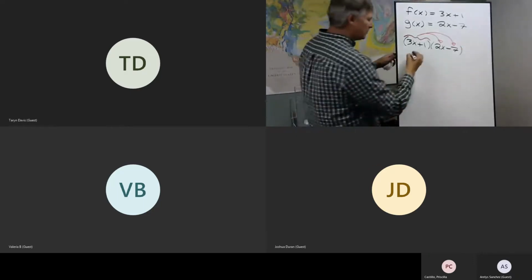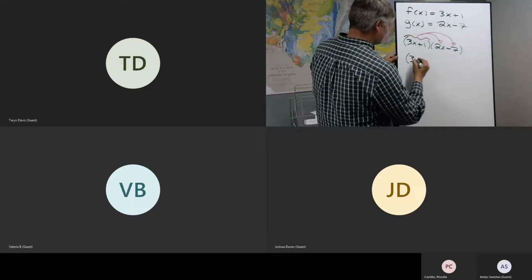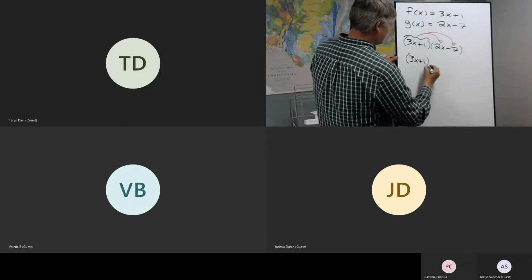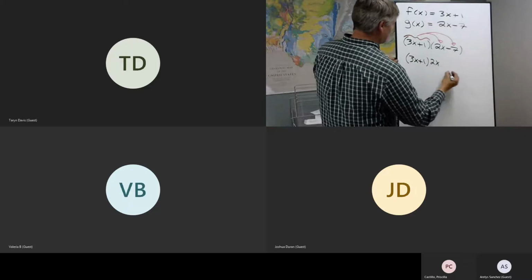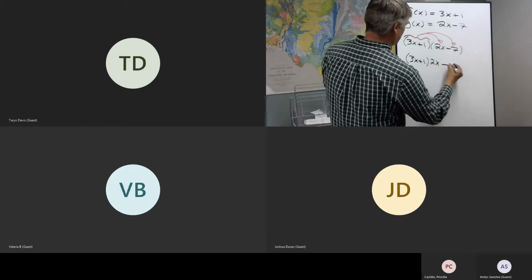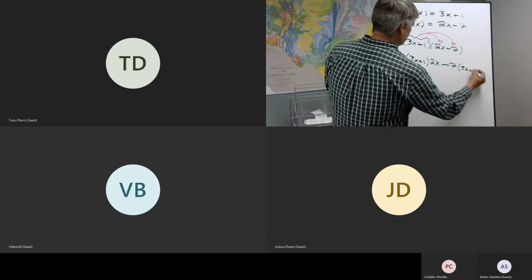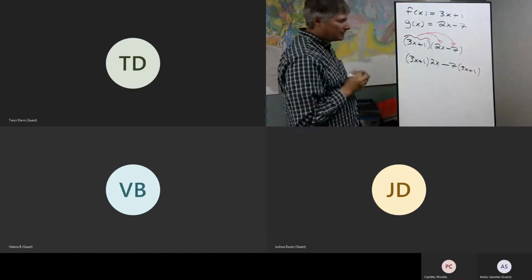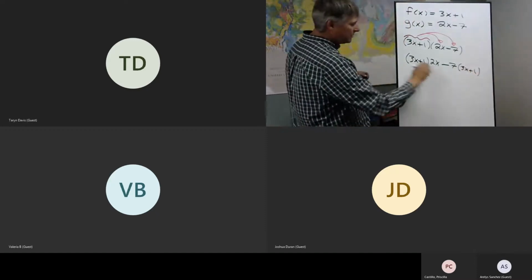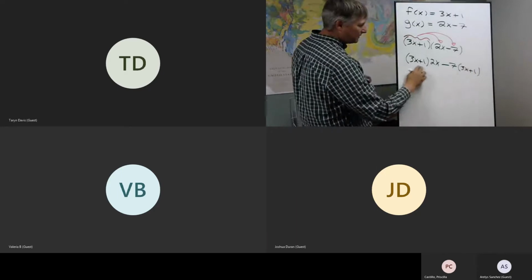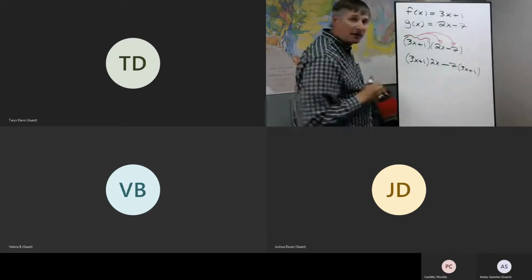So when we distribute it, what we'll get? And so now what we do is we distribute this, and we're going to distribute this inside the parentheses.